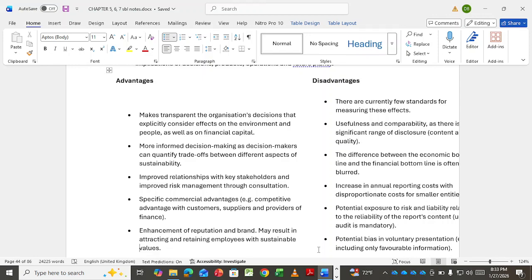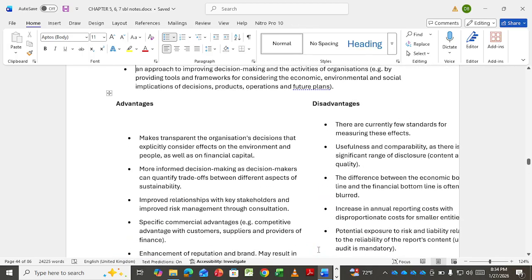They improve relationships with key stakeholders and improve risk management through consultations. They also help in specific commercial advantages, like with customers, suppliers, and finance providers like banks, equity providers or debt providers. They also help in enhancing the reputation and the brands of the company.